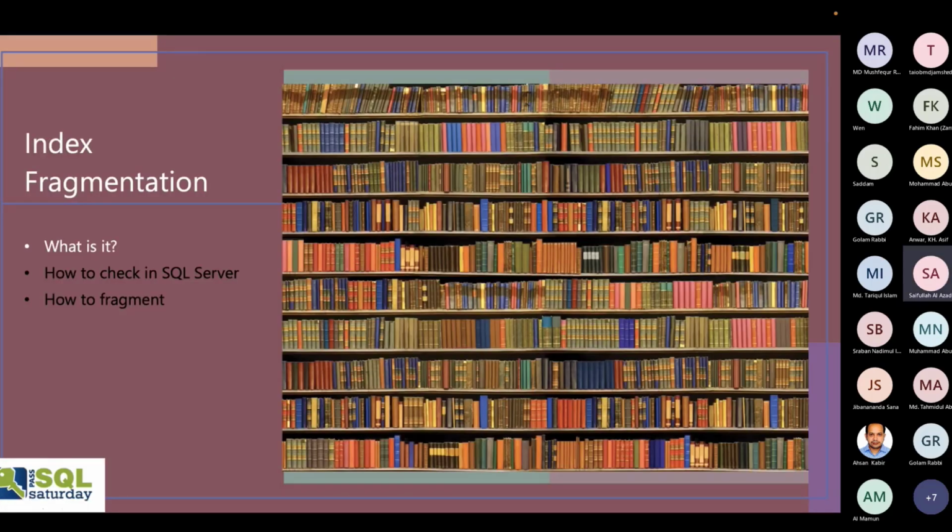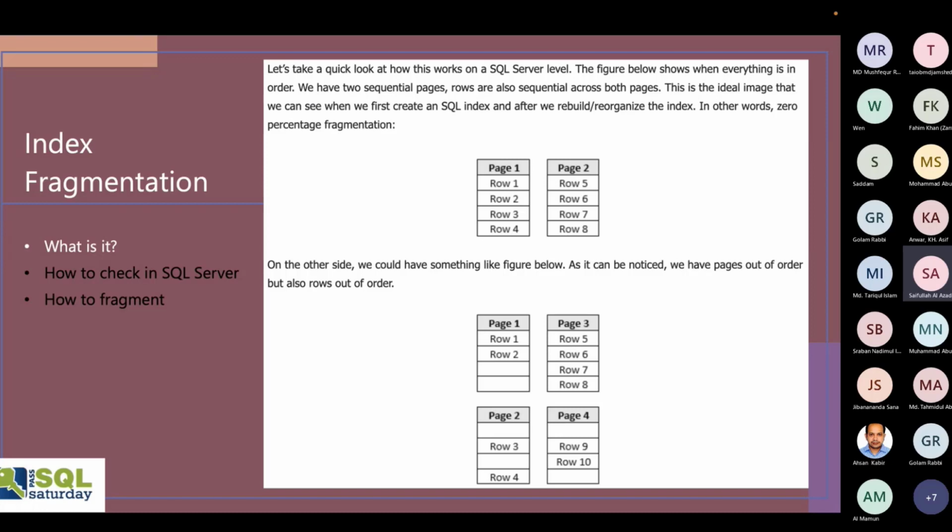Okay, now I'm going to index fragmentation. We know the word fragmentation. This is also available in the Microsoft OS. Here's an example of fragmentation. This is the stage when a new index is created, rebuilt, or reorganized.